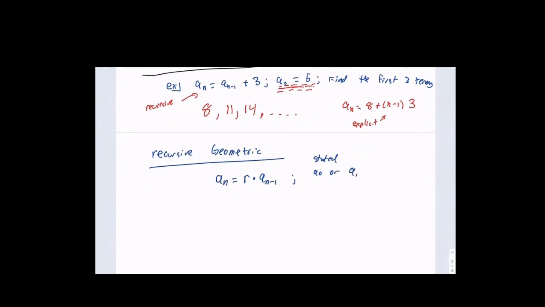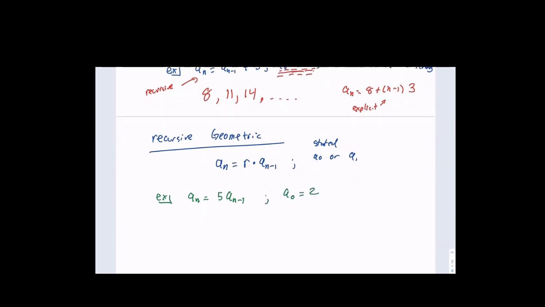So you're stating what the first term is. So for example, a sub n equals 5 a sub n minus 1, and a sub 0 equals 2. What are the first 3 terms?